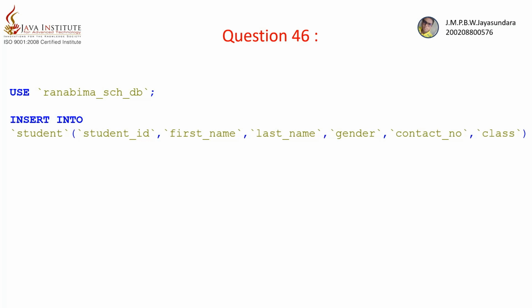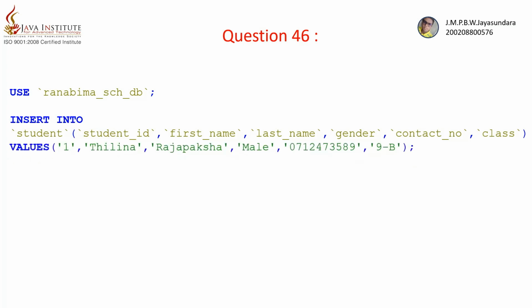After that we have used an insert query in order to add these details into our table. First we have said INSERT INTO, and then we have mentioned the table name, and within the opening and closing brackets we have given the column names of that table. After that we have used the VALUES keyword, and within the opening and closing brackets of this VALUES keyword we have inserted the data that we are going to insert.